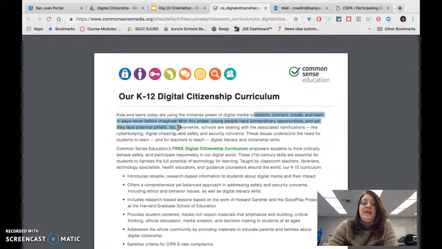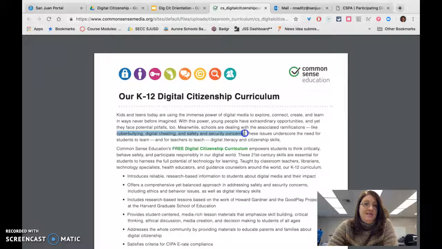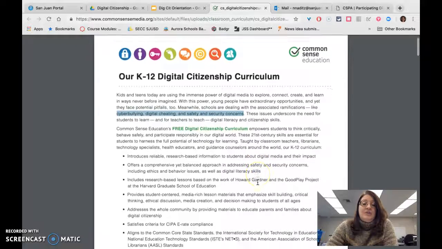And at the same time, we're dealing with cyberbullying, cyber drama, digital cheating, and safety and security concerns with students' data and the data of others. Understanding how to interact in online spaces in ways that protect our identities, sharing appropriately, creating and sharing, collaborating, communicating, and so on is all part of digital citizenship.